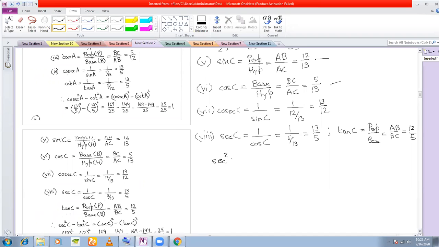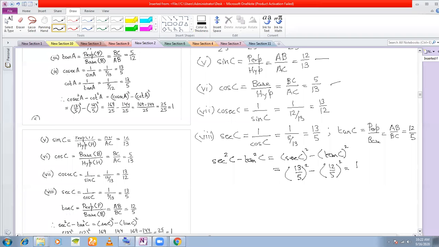square C. Sec square C minus tan square C is sec C whole square minus tan C whole square. So we have calculated sec C as 13 by 5 and tan C as 12 by 5.